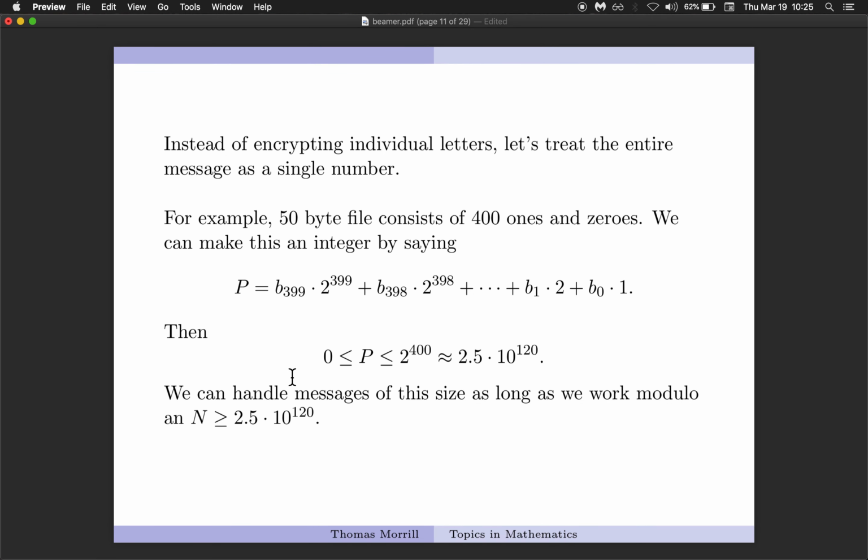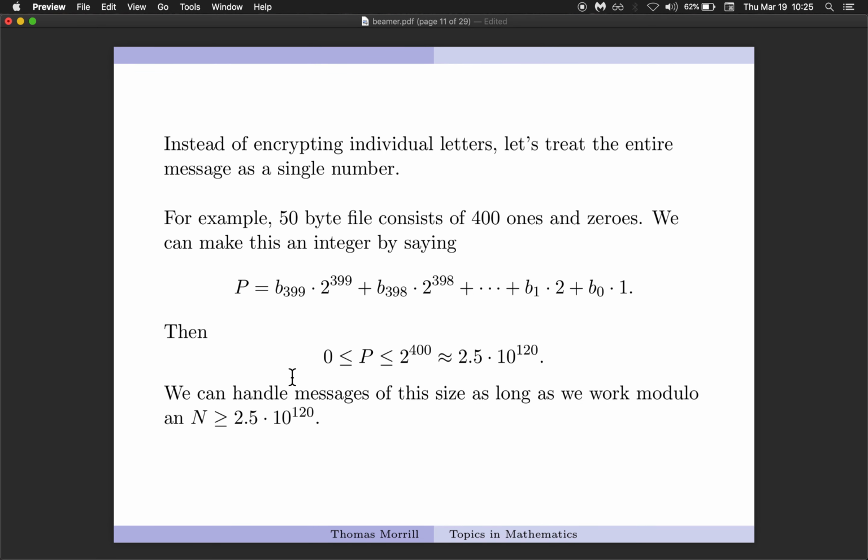We still want to be able to decrypt. So if p to the power e, e for encryption, gives me the ciphertext, I want c to the power d, d for decrypt, to give me back the decrypted message.